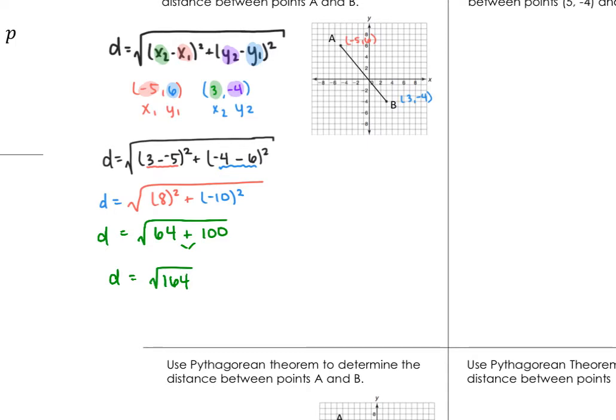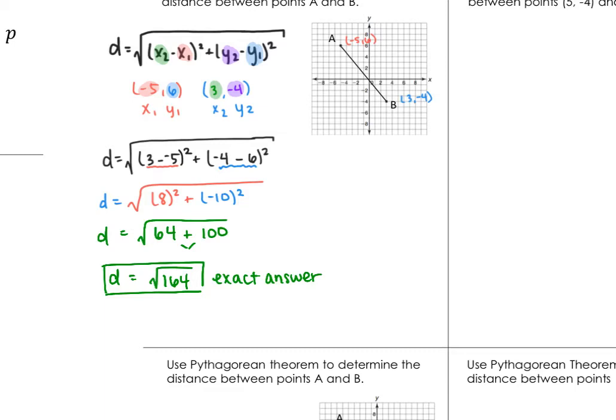For these problems, I do want you to give me 2 answers. I want you to give me this answer, which is the exact answer, and then I want you to put that in your calculator to give me an approximate answer. So the square root of 164, when you put it in your calculator, you should end up with 12.8062, and it goes on for a while.